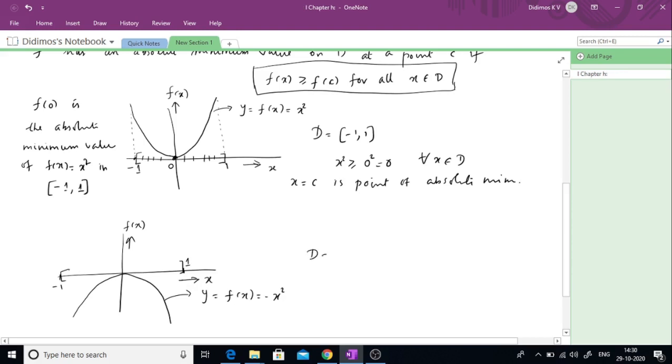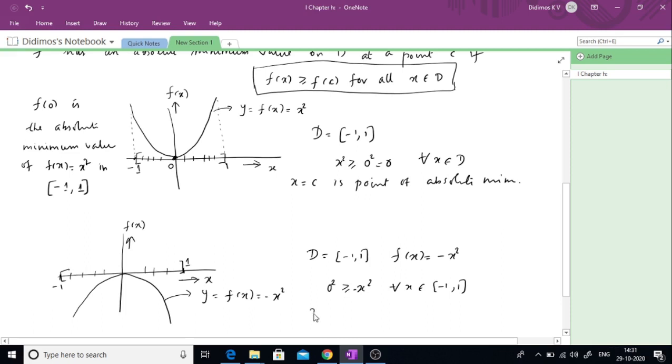When you take the same domain D, -1 to 1, and consider the function f of x equal to -x square in D, we can say that 0 is always greater than or equal to -x square for all x belongs to this interval, because -x square is always negative. So if you take any value in this interval or the domain D, we can say that 0 is always greater than or equal to -x square.